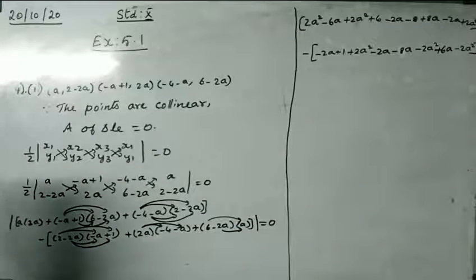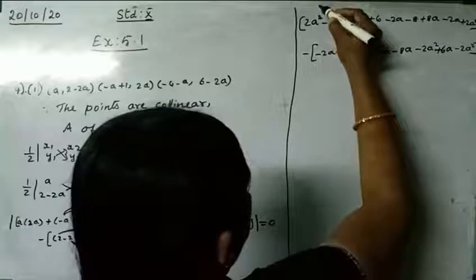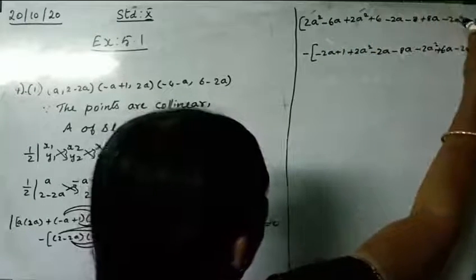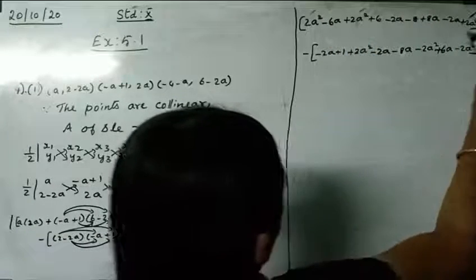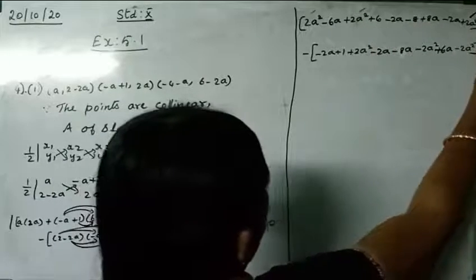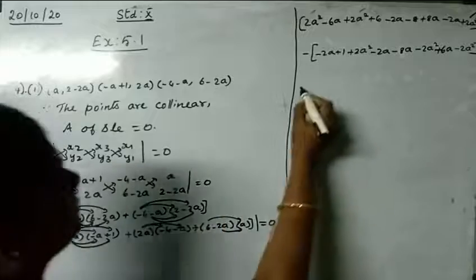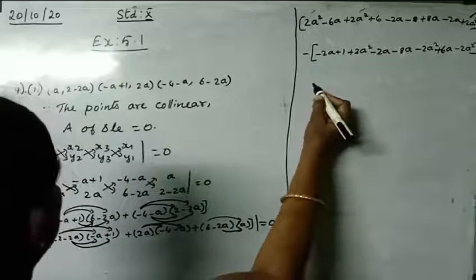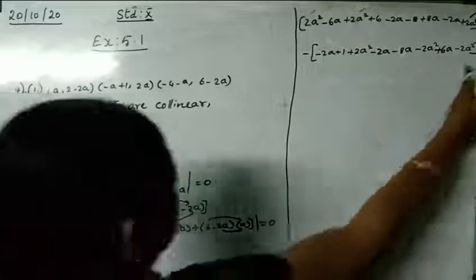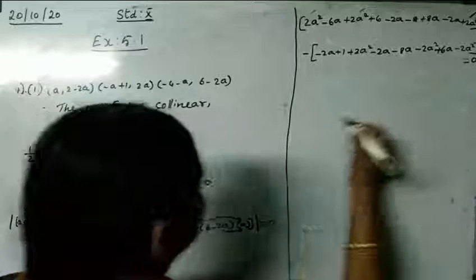Now at first let us solve here. Plus 2a square minus 2a square plus 2a square. Sorry, plus 2 plus 2 plus 2. So a square is 6a square. So it is equal to 0. Don't forget to write equal to 0.